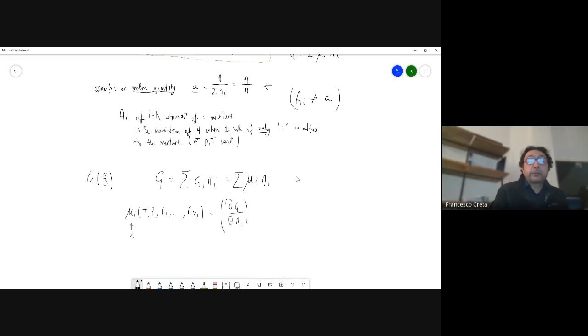And this derivative is, as we said many times, calculated at constant temperature and pressure and all the other moles constant, except obviously for i. And it's clearly an intensive quantity because we're really dividing two extensive quantities, G and the number of moles.